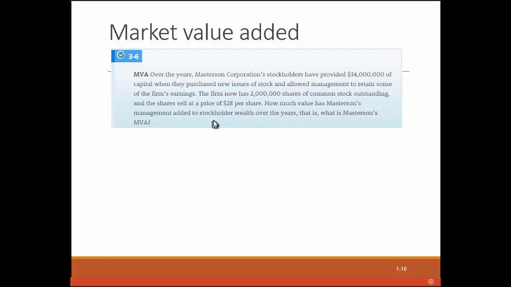The question is, how much value has Masterson's management added to shareholder wealth over the years? That is, what is Masterson's market value added? So in this case, we want to see how much more value the market has added to the cost of the net assets that Masterson Company has purchased.